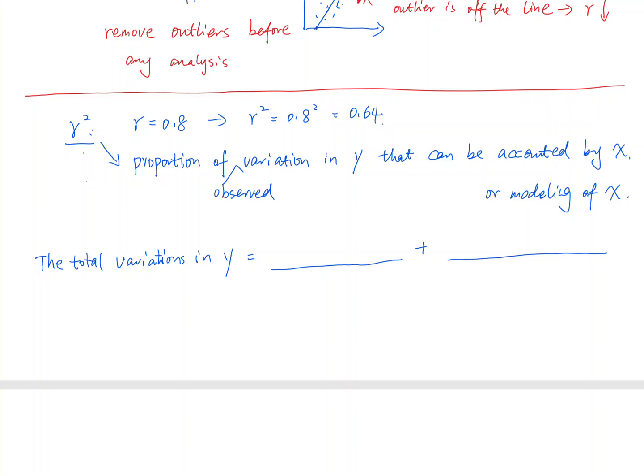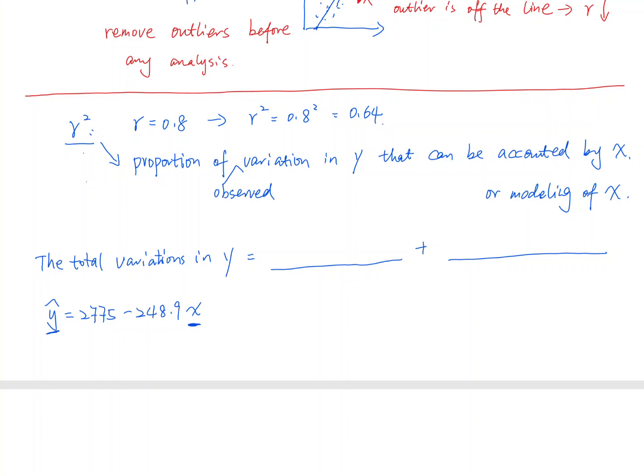The first part: based on our regression, y hat equals 2775 minus 248.9x. So based on our regression, if you have different x values, then of course you will have different y values, right?